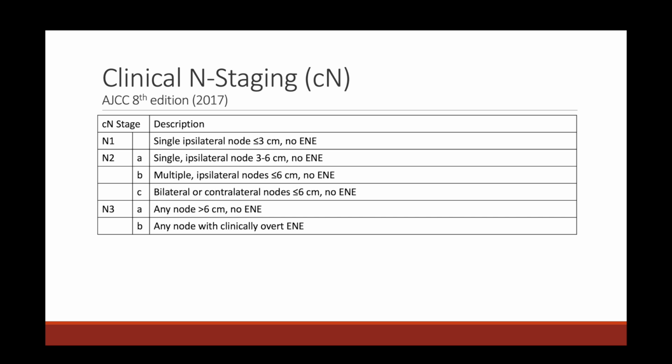If the tissue planes are disrupted, if it looks like it's invading into a muscle, if it has hazy borders, at that point, it looks like it has clinically overt extranodal extension, and that makes you N3B. So this is the clinical nodal staging for oral cavity cancers. There's N1, N2, and N3. And I would spend a lot of time learning this clinical nodal staging.